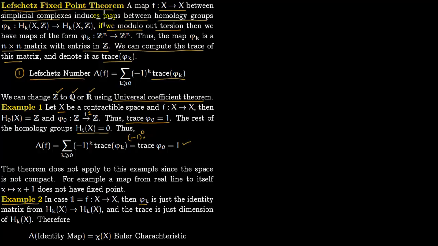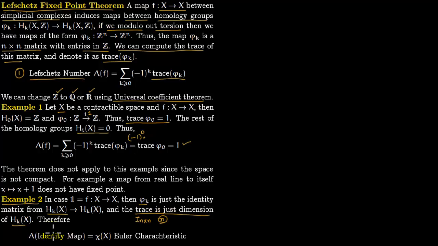The diagonal is just 1, 1, 1, 1. You add it up, you get n, which is the dimension of this space. So the trace is just the dimension of Hk of X, because the trace of the n by n identity matrix is n.